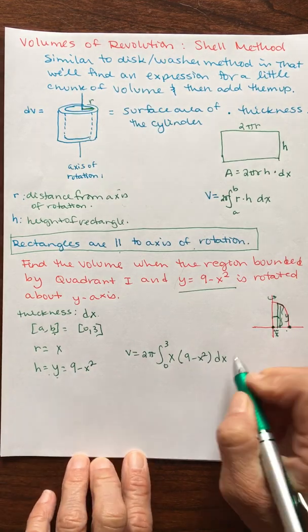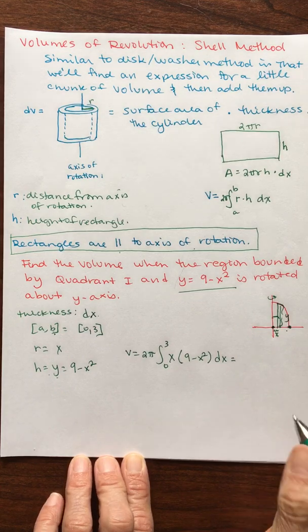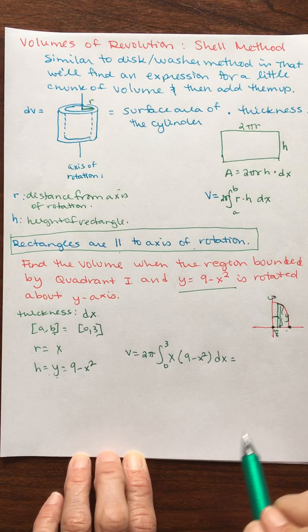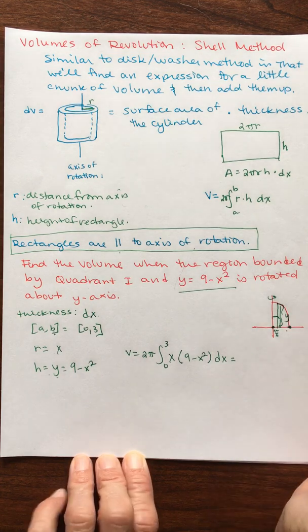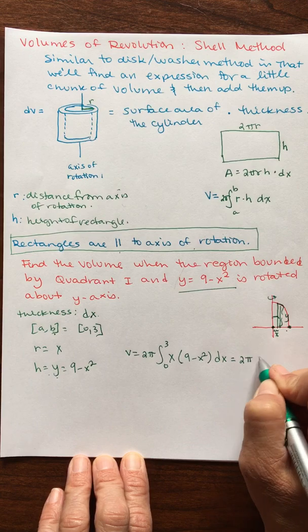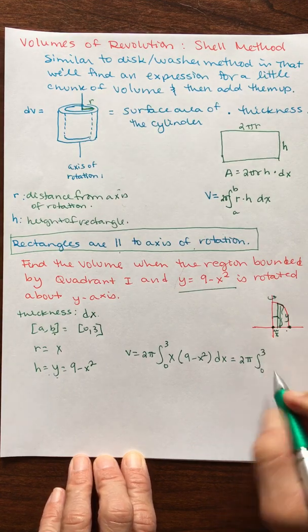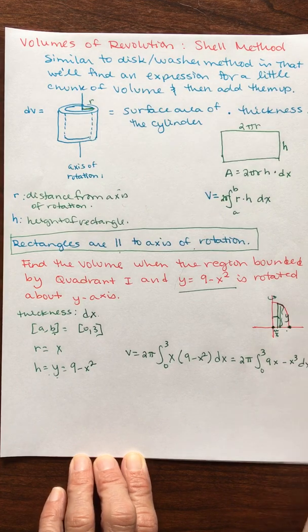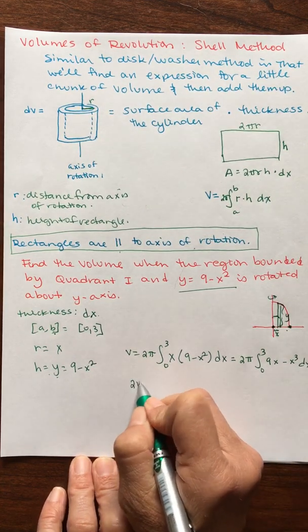For the shell method, there's always this little piece of algebra that comes first. I was just noticing you could actually do a u sub if you wanted, but the algebra way is certainly easier in my opinion. So we'll distribute the x, and now we'll go ahead and find our antiderivative.